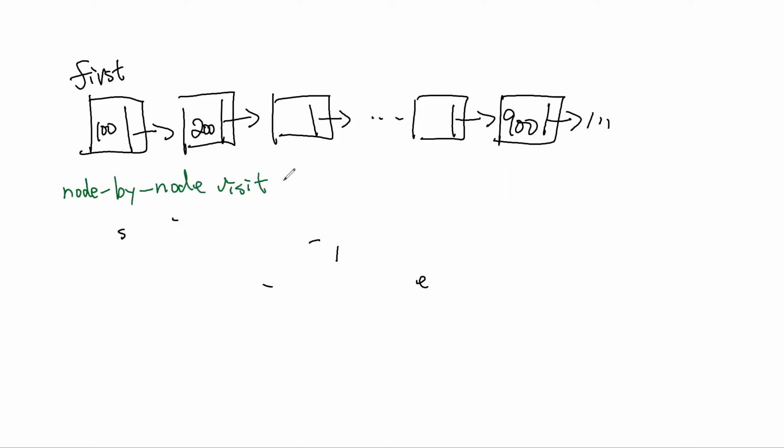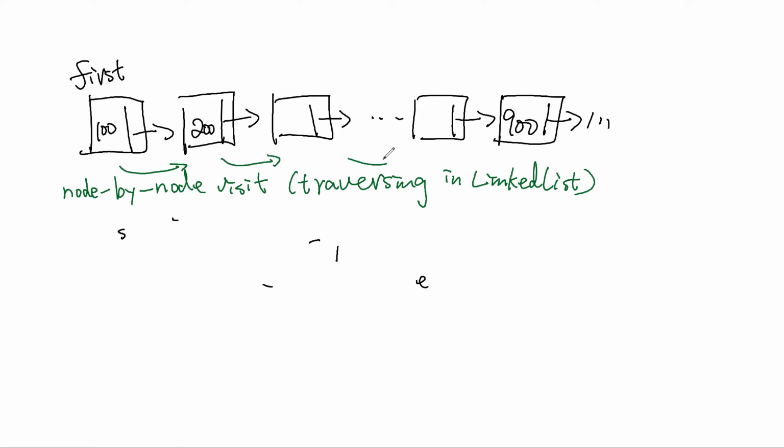Node by node visit in a linked list, we call it traversing. What does that mean? That means you want to visit the first node, and then the second node, third node, just like this.